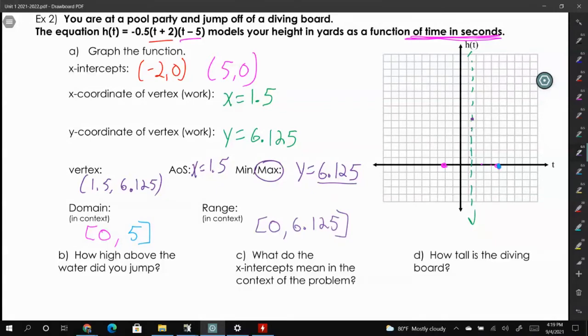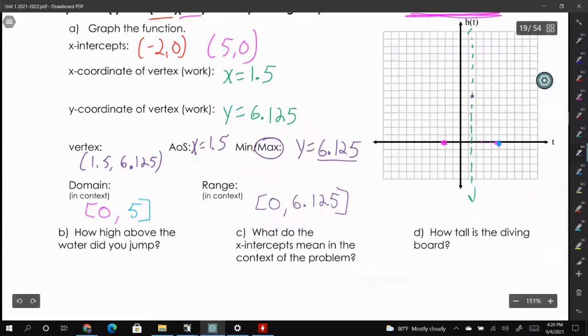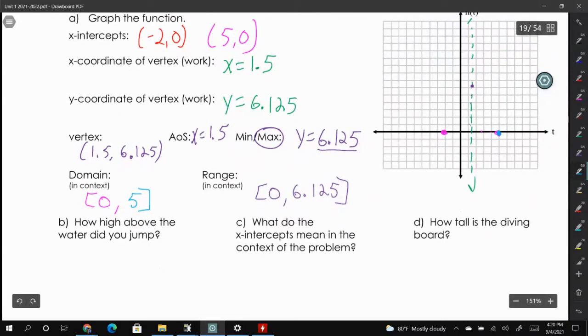So you do need to realize that in context, you need to think about, does this make sense? Why and why not? How high above the water did we jump? Well, we reached a max height of 6.125 yards, so 6.125 yards.